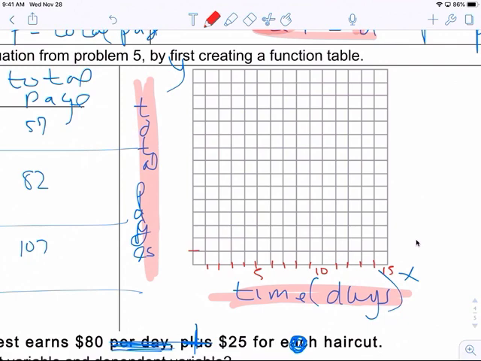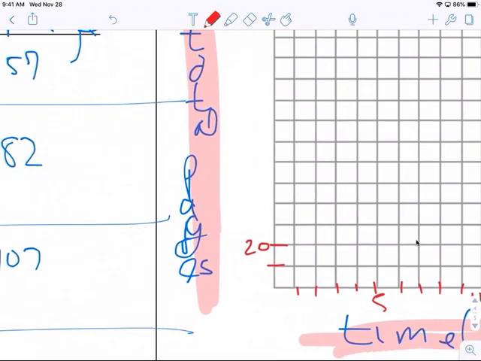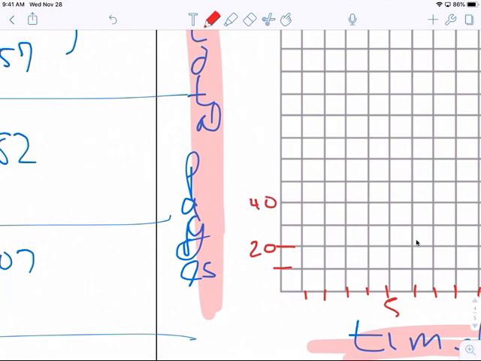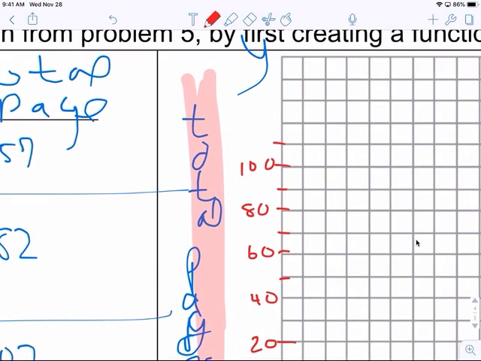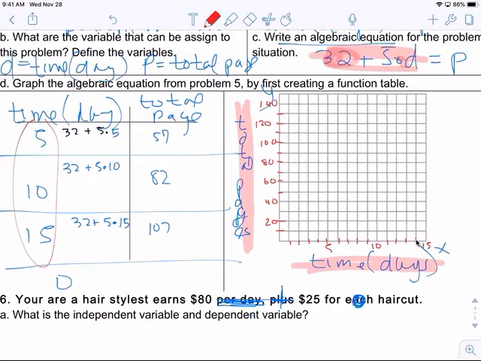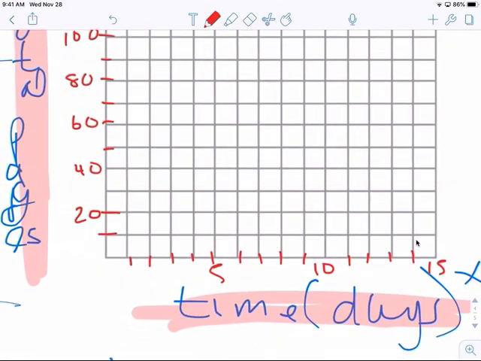So 10, 20, 30, 40, 50, 60, 70, 80, 90, 100, 110, 120, 130, 140. Okay, that's good. Okay, 5 is 57. Here's 50. 5 is 57, so a little bit more than half.